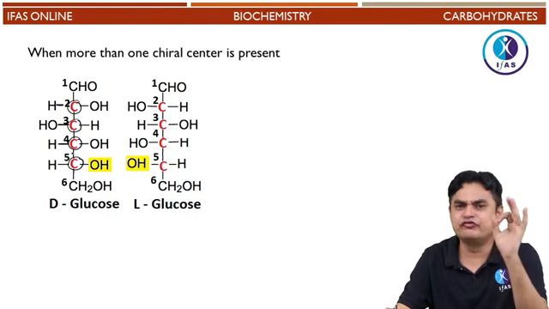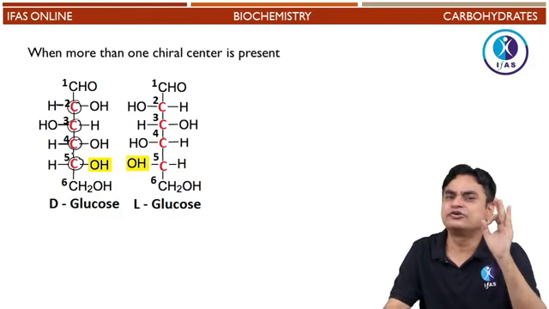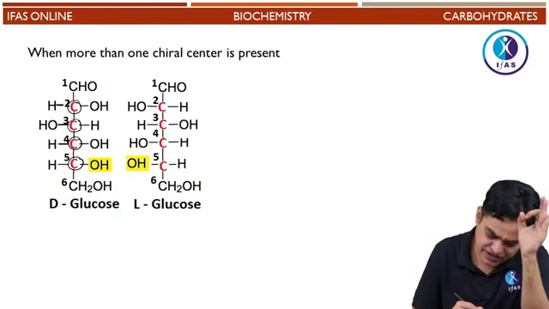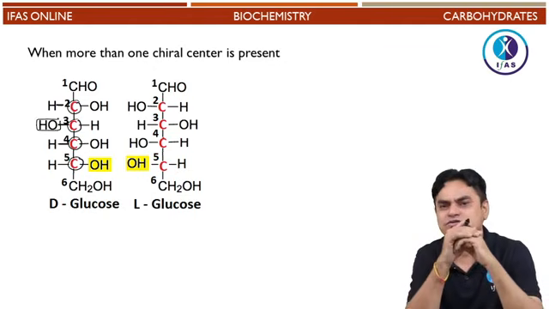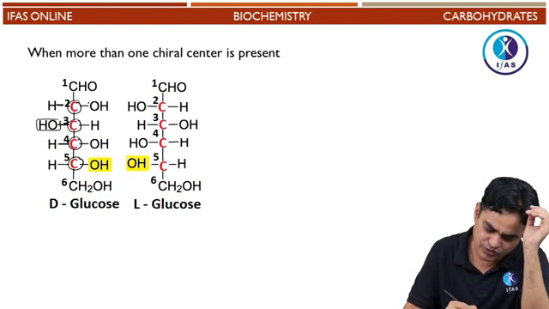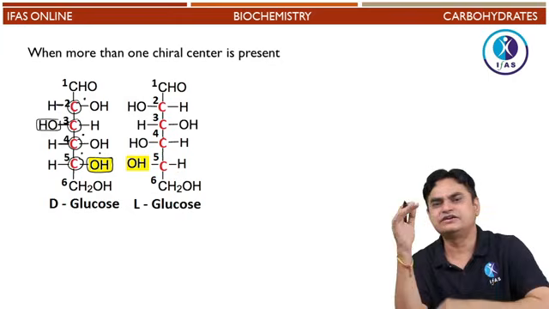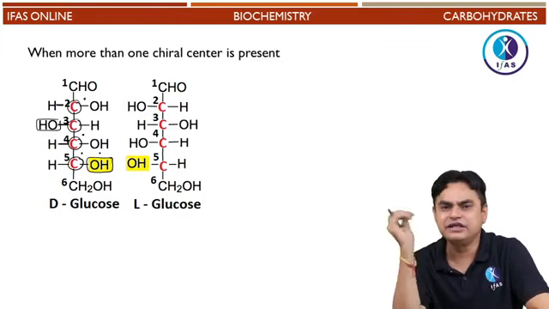If we compare with glyceraldehyde using the third chiral carbon, the OH group is on the left side, so it would be called L-glucose. And if you compare carbon 2, carbon 4 or carbon 5, the OH group is on the right side, so you would say this is a D form.